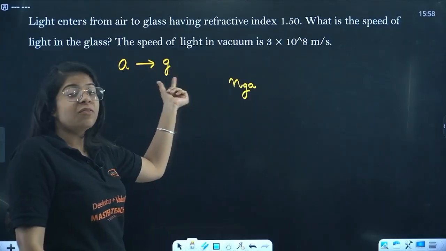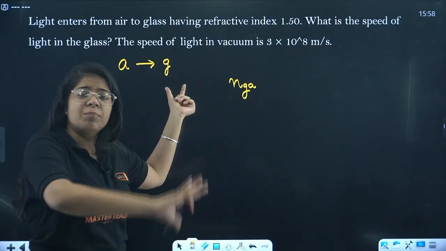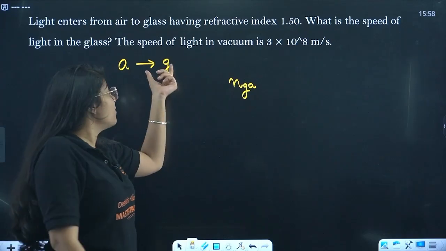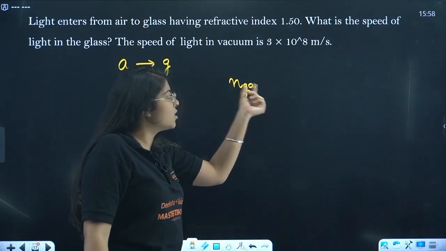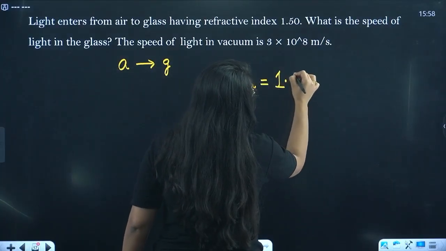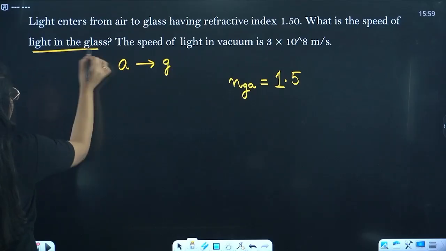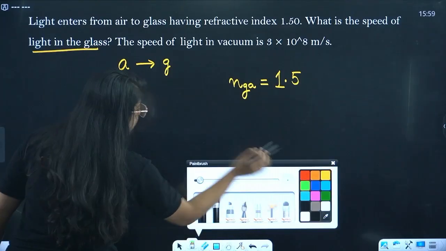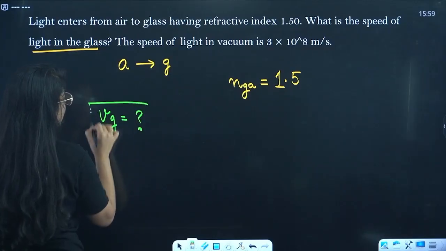So the refractive index of glass is on which our whole bending depends. So refractive index of glass with respect to air is given as 1.5. Understood? What is the speed of light in the glass? This is what we have to find.